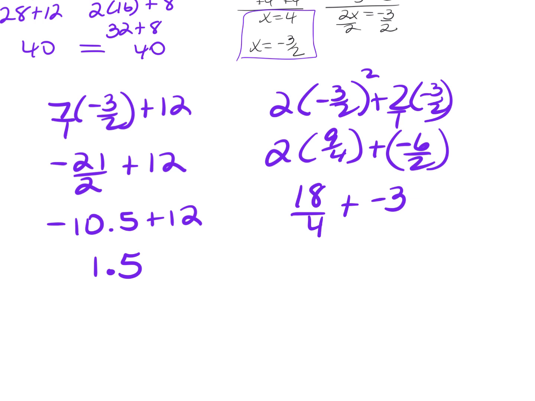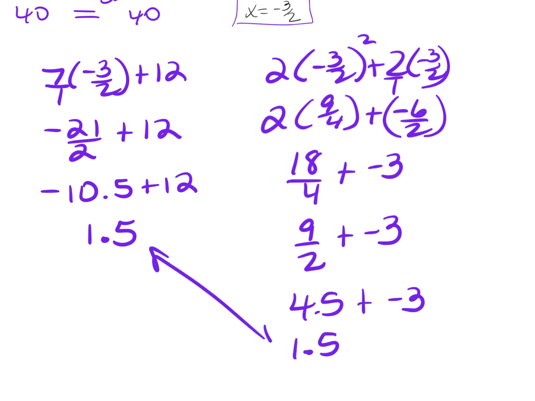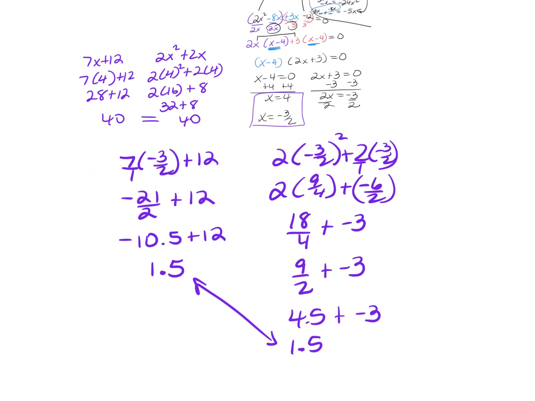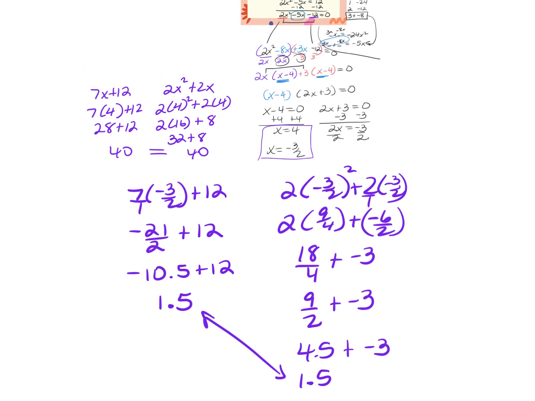Actually, I could simplify this to 9/2, which is 4.5. And 4.5 plus negative 3 is 1.5. And they're equal. So both answers are good answers. Even though you may think, I got a negative, it doesn't make sense, but it does.